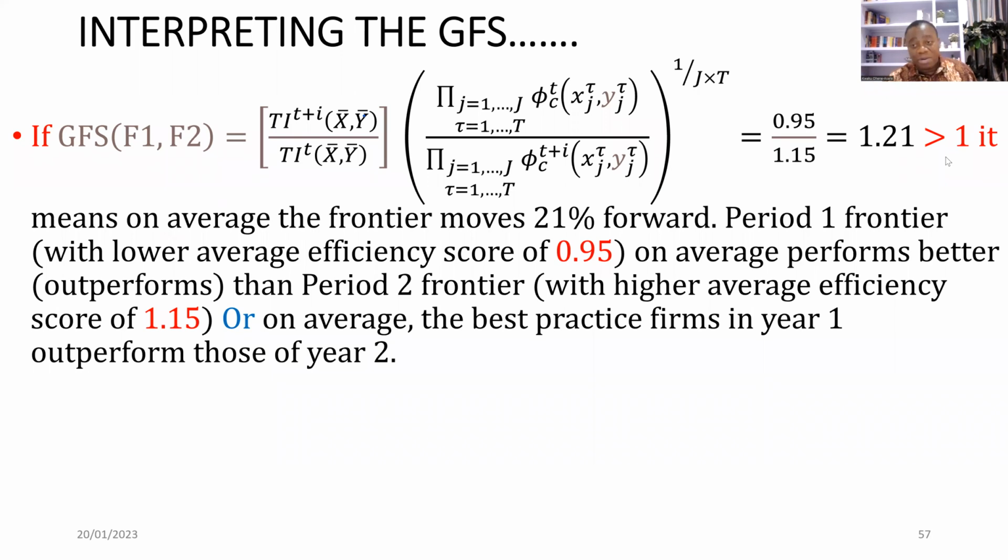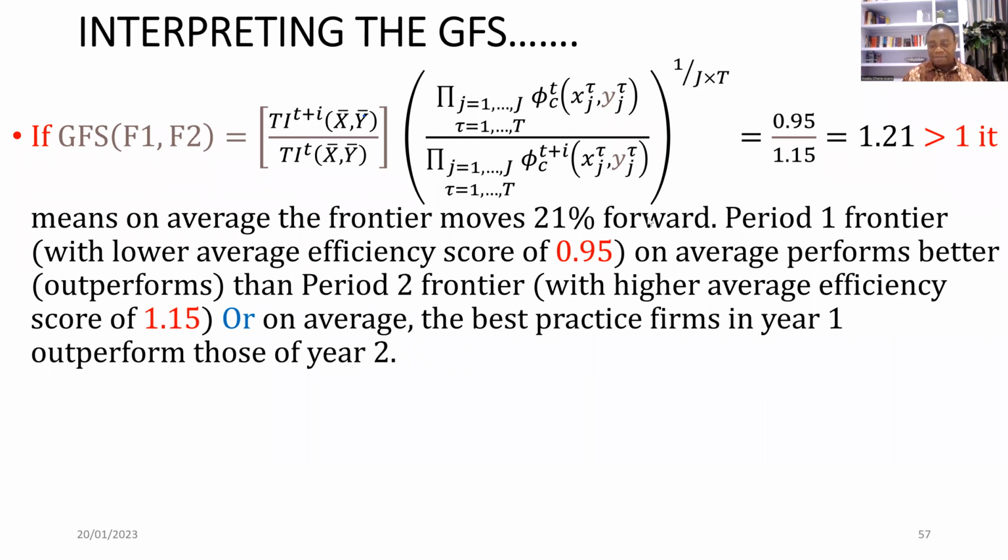And in terms of timing, what does that mean? The paper indicated that on average, the frontier has moved 21% forward. The 21% forward is the 21 after the 1.